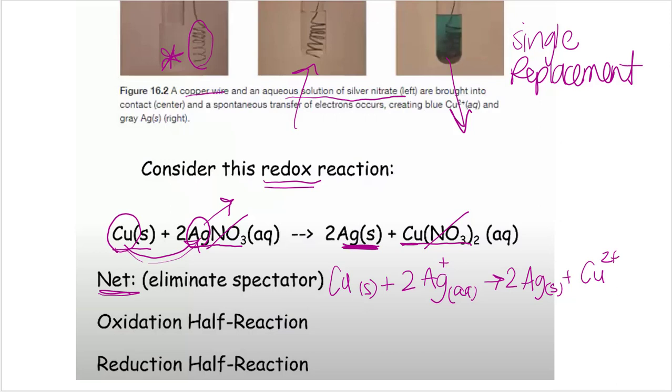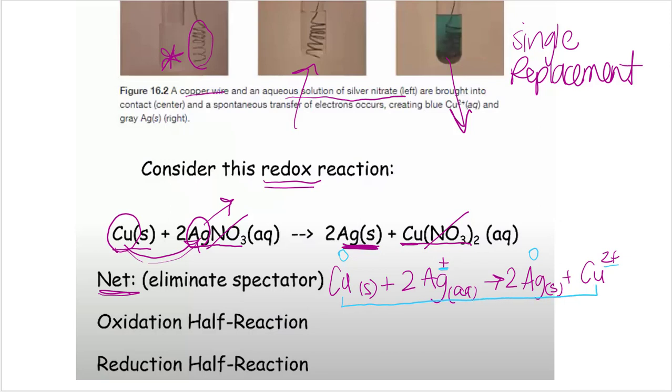Now, if we wanted to find the oxidation half reaction, if I look at copper, we know everything in elemental state has the oxidation state of 0. So silver over on the right is also 0. And then we also know the oxidation state of our ions are given. So look, copper went from 0 to +2.